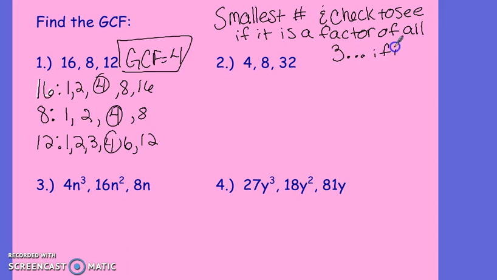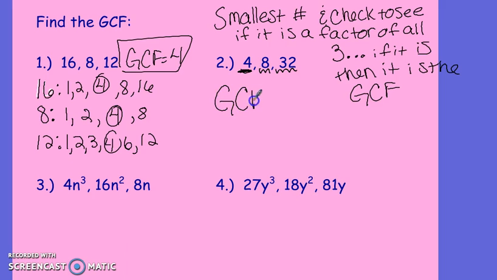If it is, then it is the GCF because it's the biggest factor of that number. So for instance, 4. Does 4 go into 8? Yes. Does 4 go into 32? Yes. Does 4 go into 4? Yeah, 4 is the biggest factor of 4. So your GCF here is just 4.